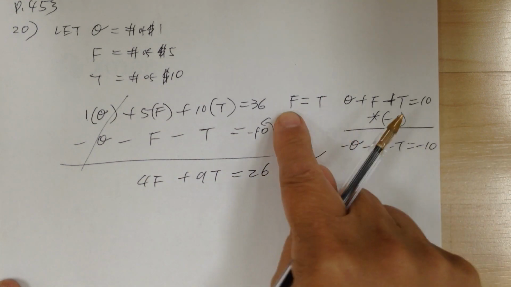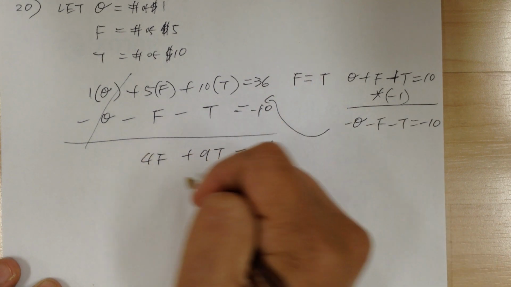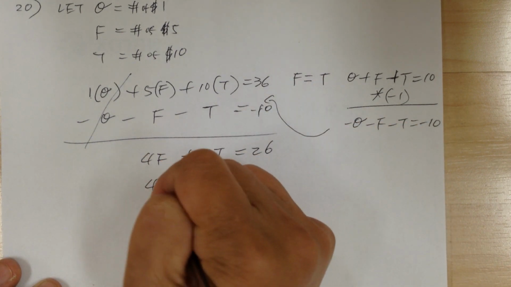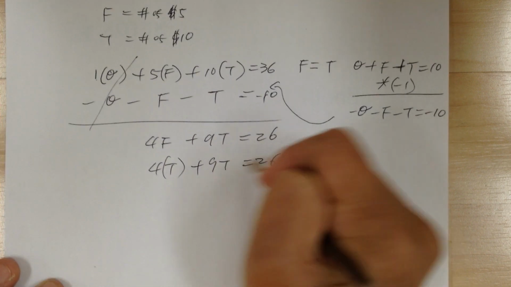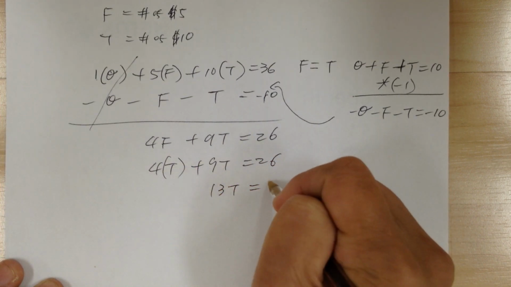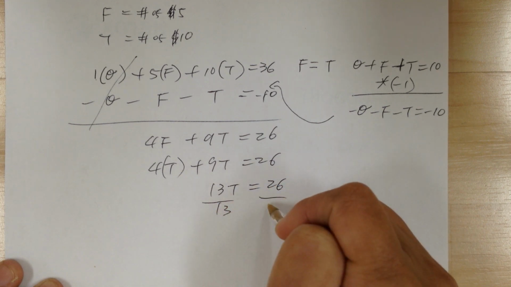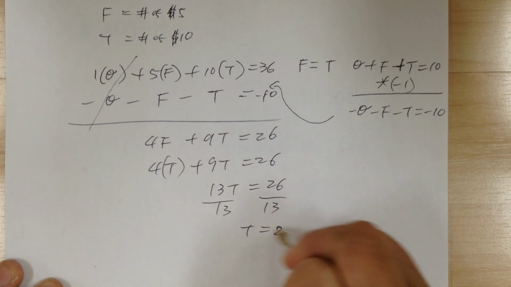Now, F equal to T, so I can substitute, this becomes T. So when I add, I get 13T equal to 26. So I got T equal to 2.